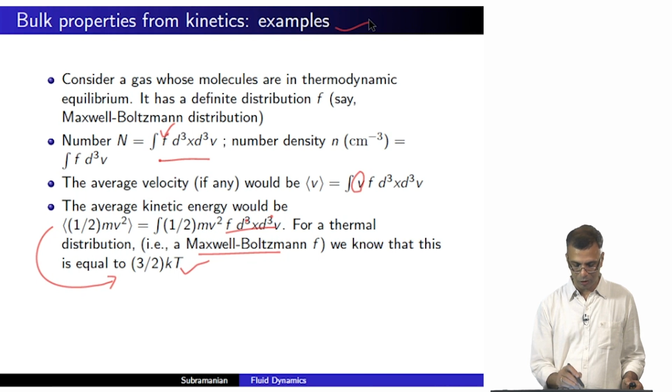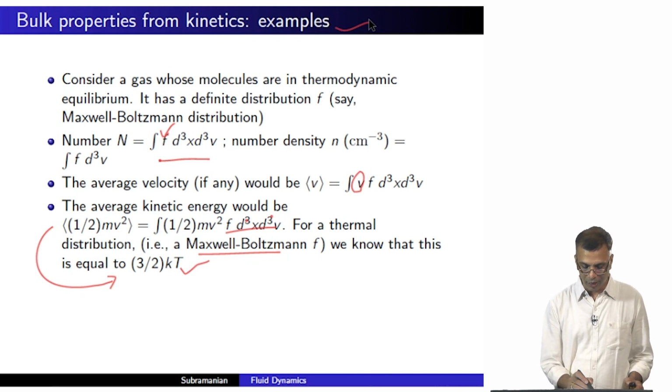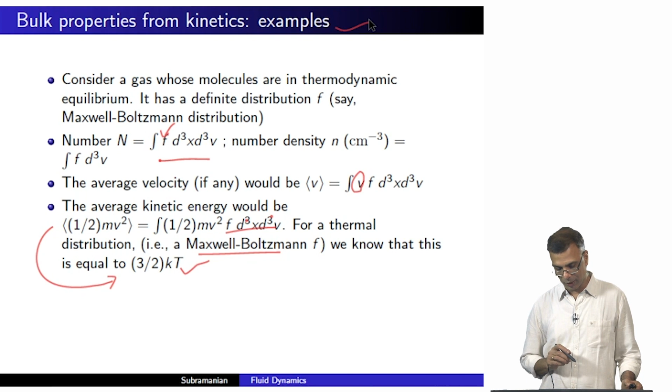So you perform this integral. I've just shown one single integration. It's really a 6-dimensional integral, 3 dimensions for space and 3 dimensions for velocity. So you perform this integration and you get the average of the quantity half mv squared.